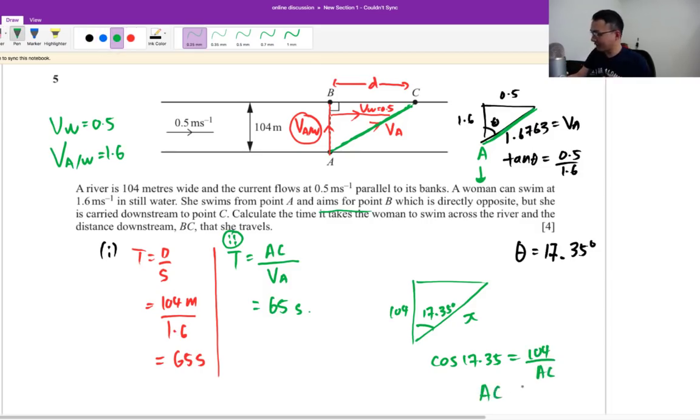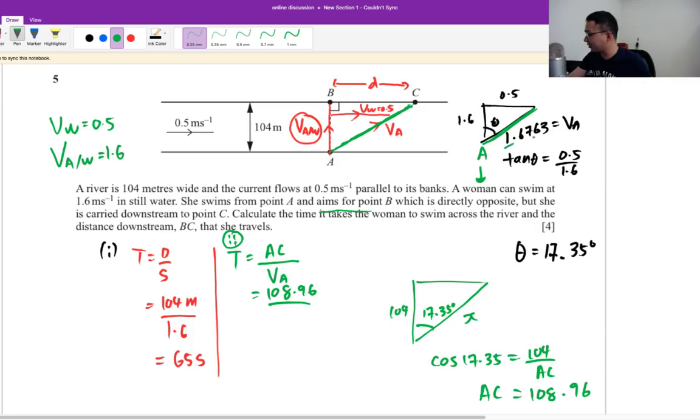So I can get my length of AC from here. It's just 104 over cos 17.35. And then you will get the distance is roughly 108.96.